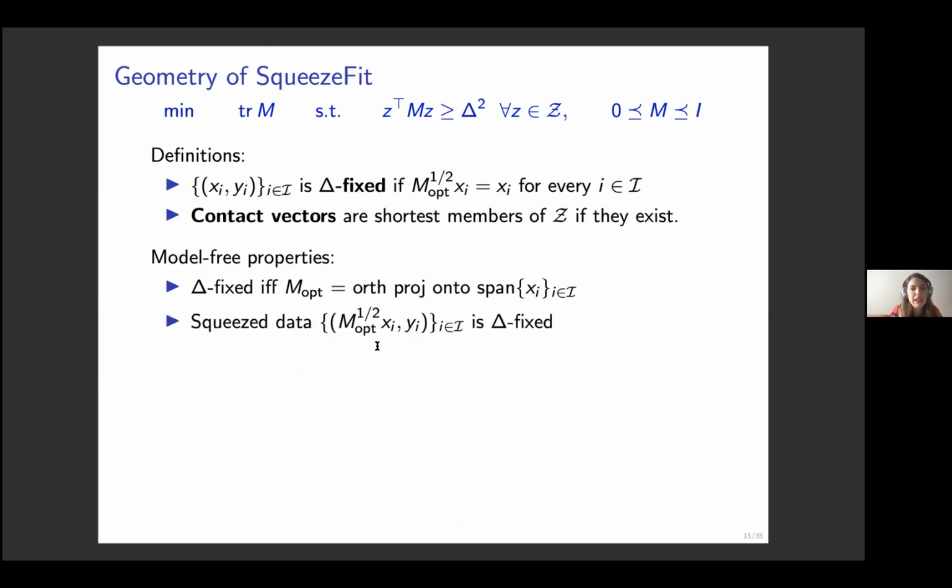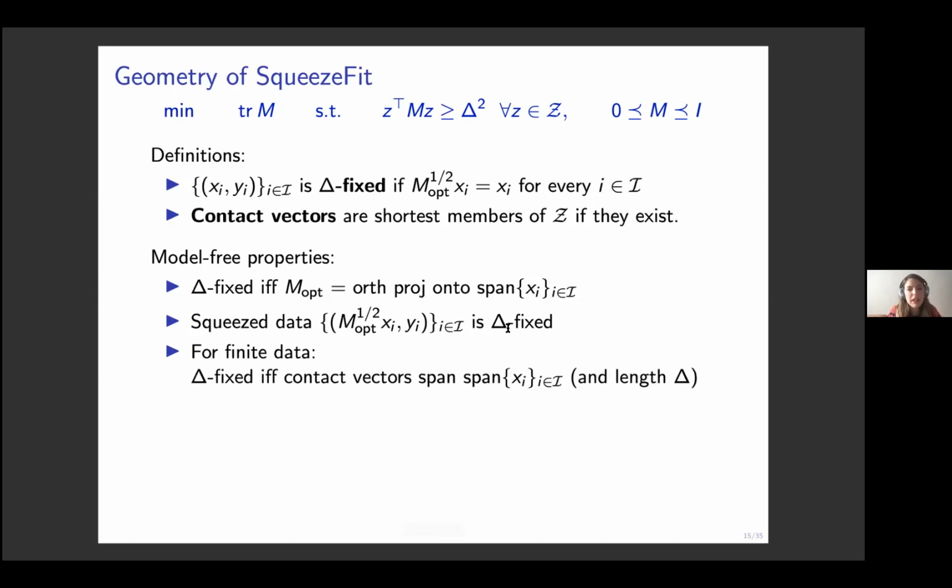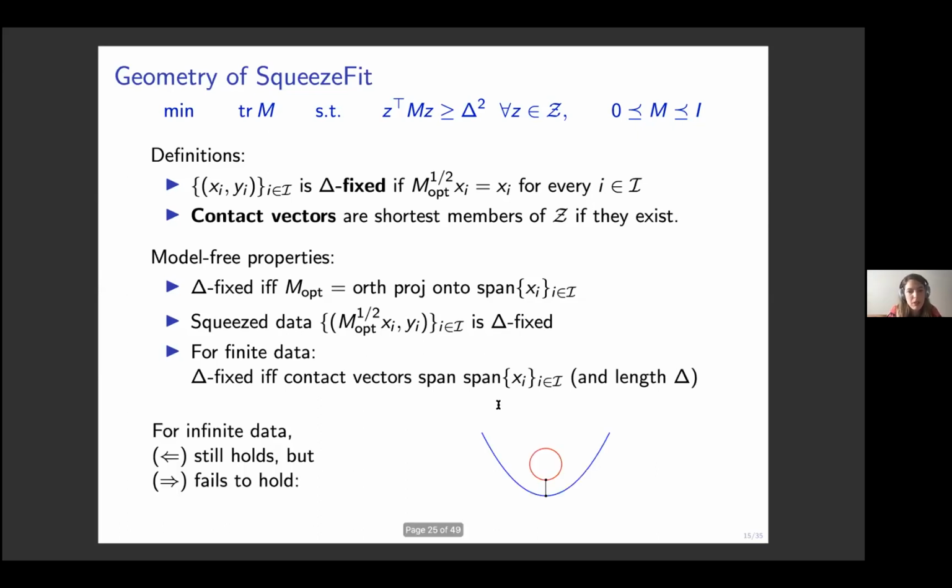And you can show that once you apply SqueezeFit, then the data is fixed. So you cannot squeeze this many times with the same parameter delta. And for finite data, your data is delta fixed if and only if the contact vectors span the entire data and have length delta.